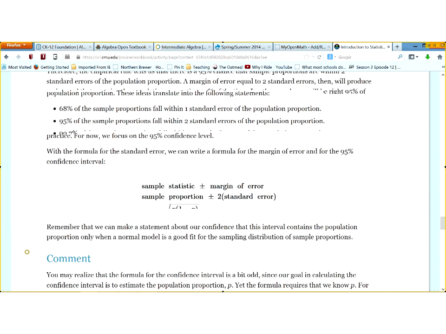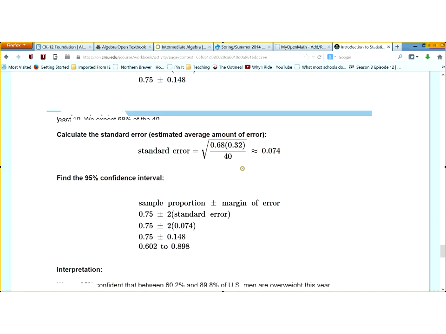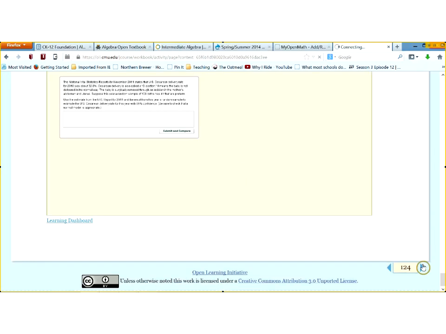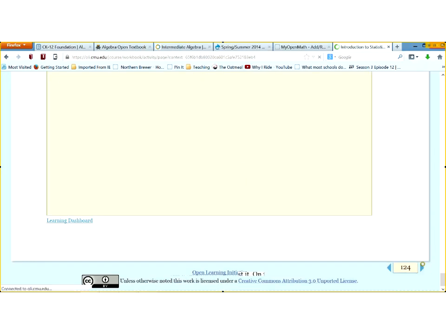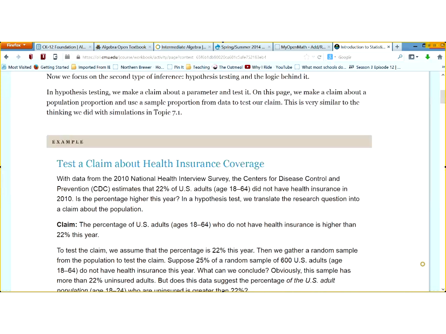So that's why we use the sample proportion plus or minus 2 standard errors, 2 times the standard error. There's an example there which you can go through to calculate the standard error. Again, I'm going through this kind of fast, I know, but you can read through it, and it's not on the test. So if you have questions on the OLI checkpoint for this portion, you're welcome to ask them.